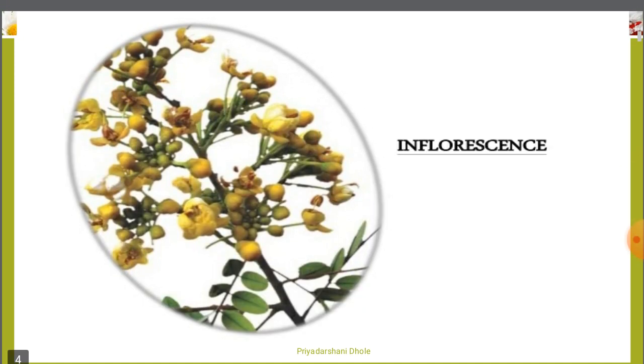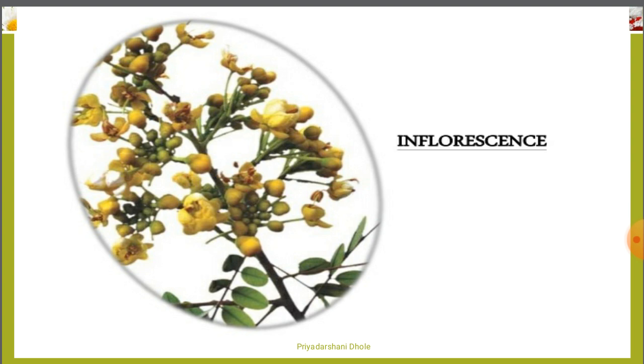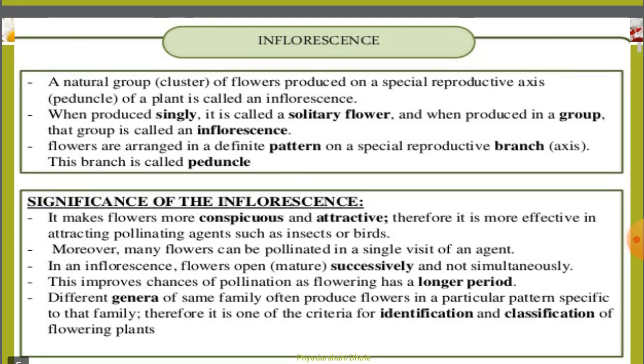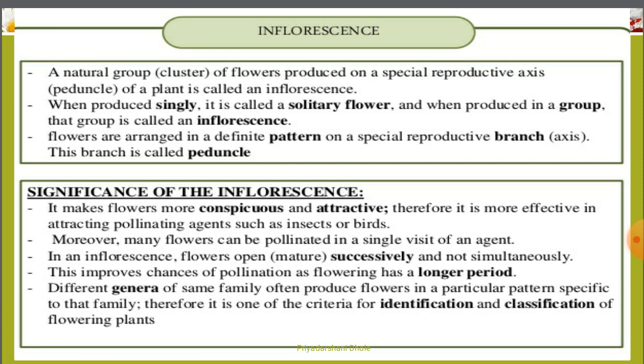Now, the next important part is inflorescence. Now, what is meant by inflorescence? A natural group or cluster of flowers produced on a special reproductive axis, which is called the peduncle, of a plant is called an inflorescence, which is a bunch of flowers. A number of flowers coming on one shoot system or one peduncle is called an inflorescence.